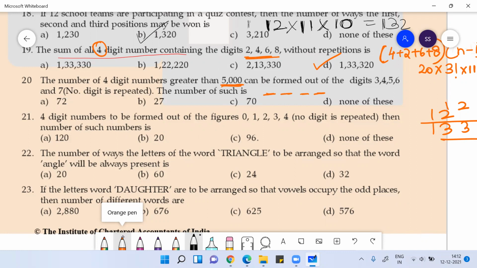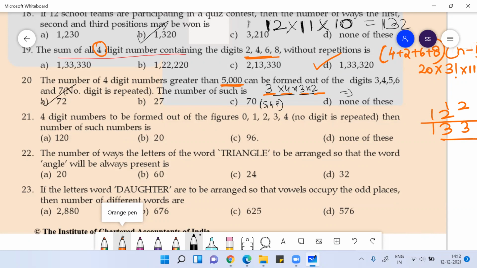In the thousand place, only 5, 6, or 7 can come. So any of the three digits can come, either 5 or 6 or 7. Then you have three places, and the digits left with you are 4. So out of 4, any three digits can come. So 4 into 3 into 2, 12 into 72 will be the answer.